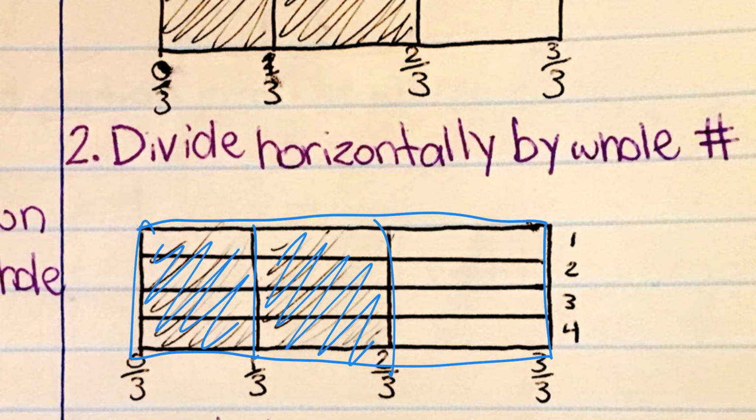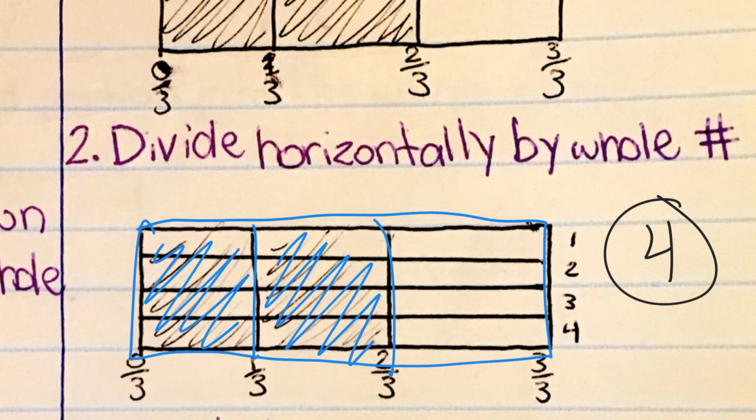Now, second step is to take our whole number, and remember, our whole number was 4, and then we divide the entire area of this whole figure horizontally, and we create 4 new sections. So here you see 1, 2, 3, and 4.